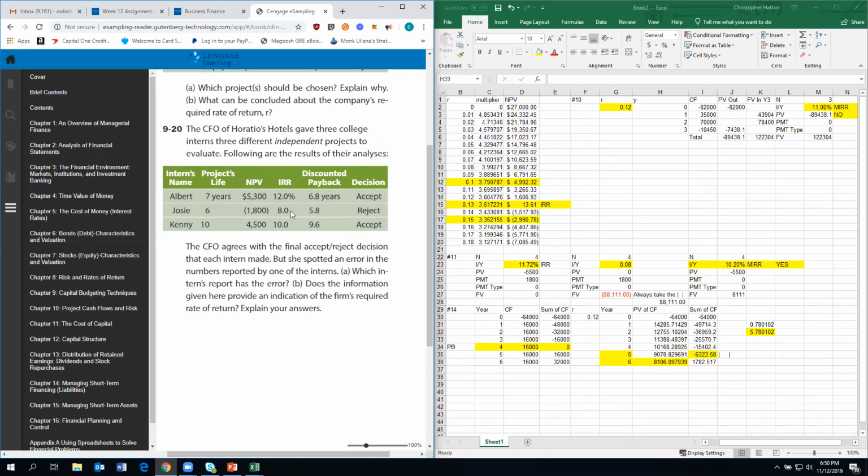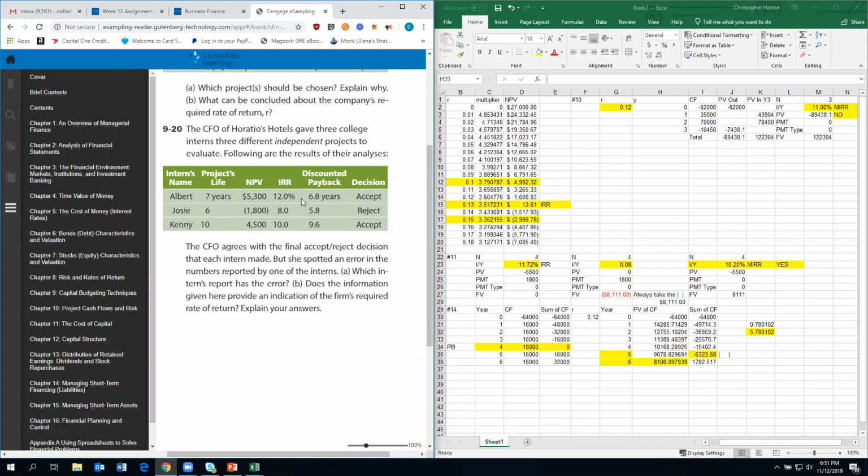So also, we have some rules of thumb that we want to abide by. I'll read through this real quick. Net present value greater than 0, thumbs up on that. Internal rate of return greater than the required rate of return, thumbs up. Discounted payback less than the project life, then we want a thumbs up on it.